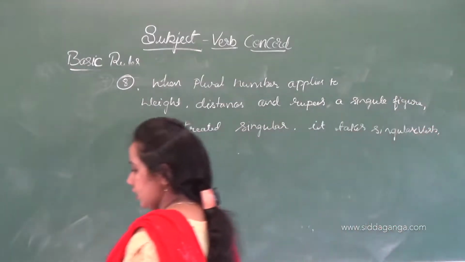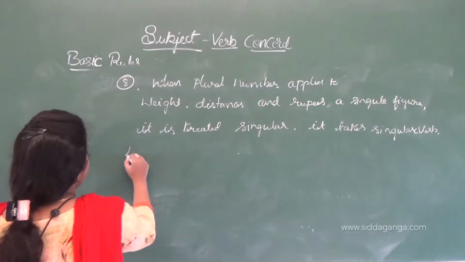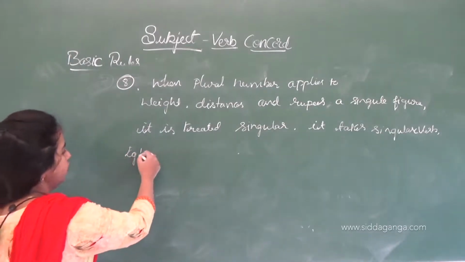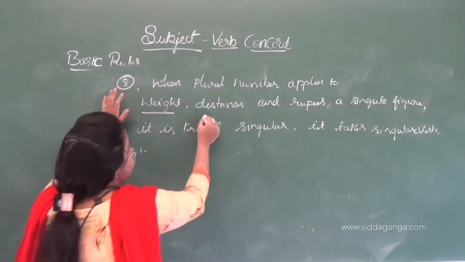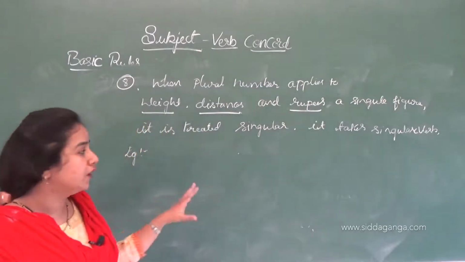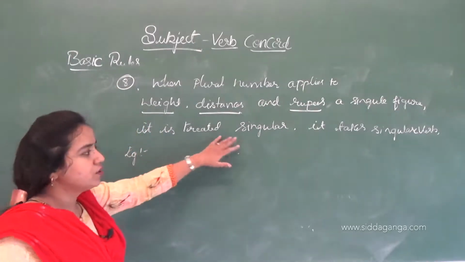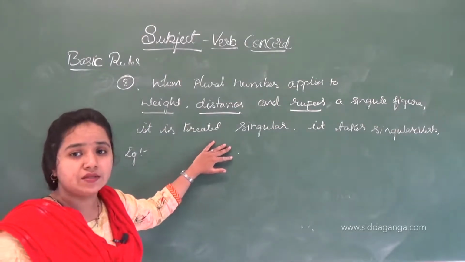According to this rule, when plural numbers apply to weight, distances and rupees, it is called a single figure, and it is treated as singular and takes a singular verb.